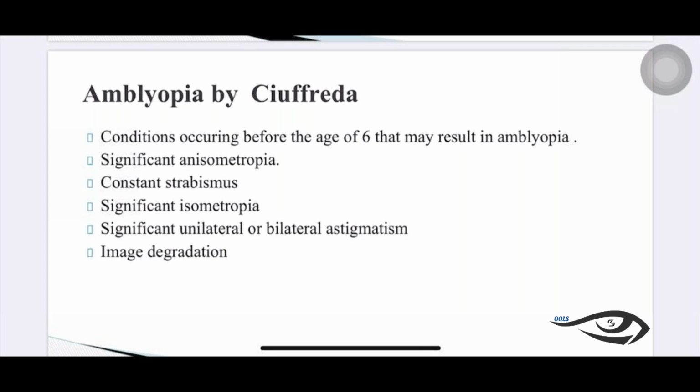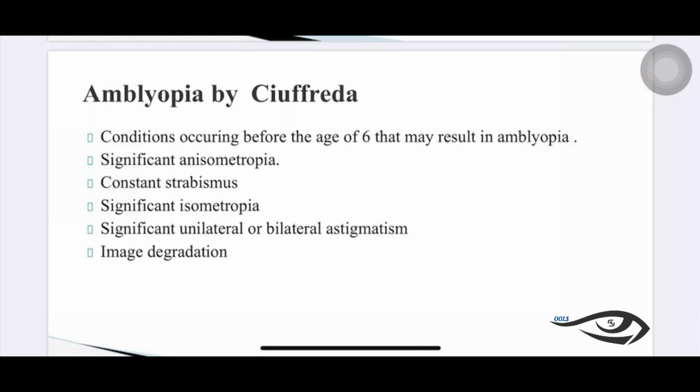So the first thing he suggested is there can be significant anisometropia, meaning a higher amount of anisometropia, more than 3 diopters, you can say more than 4 diopters. Second, constant strabismus can also cause amblyopia. Third, if there is significant isometropia, like high isometropia, then that can give you amblyopia.